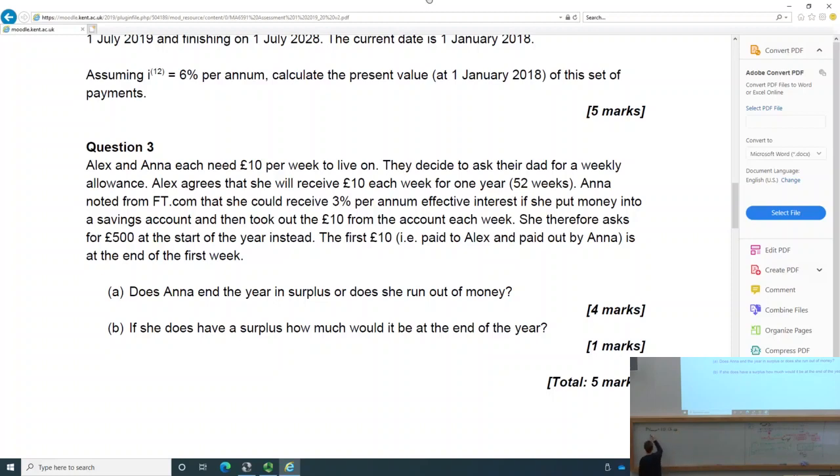We've been given i equals 3% per annum. So let's go and find i monthly, i weekly. So we'll just call it i_w, which is equal to 1.03 to the power of 1 over 52, minus 1. We'll assume just 52 weeks.